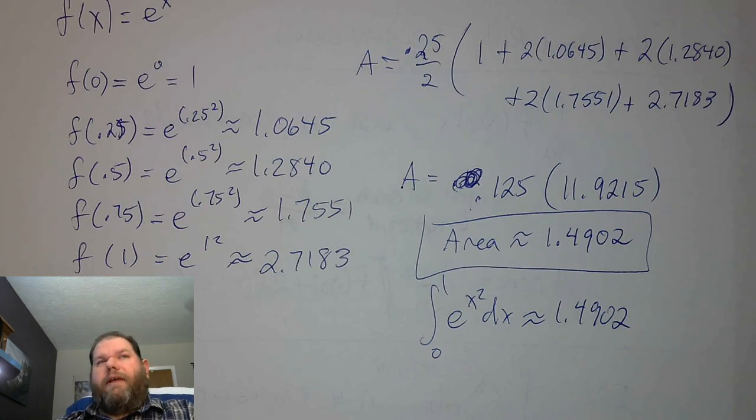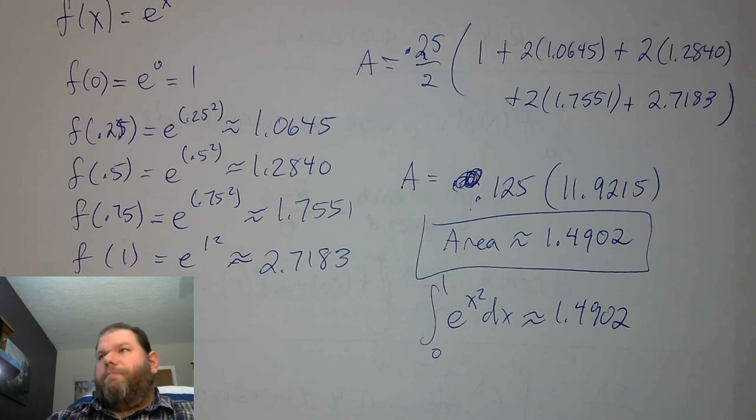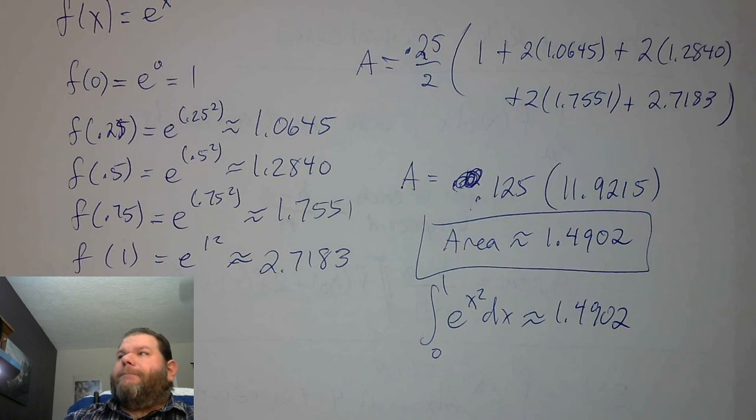Unfortunately, I don't have the exact value for that one. So, let's look at an example where we do know the actual value, and that way we can compare what we get. I think that'll be interesting.